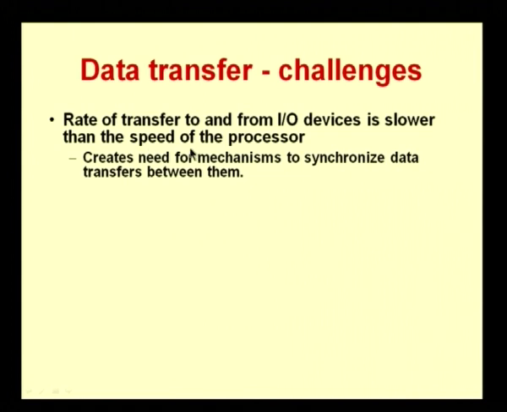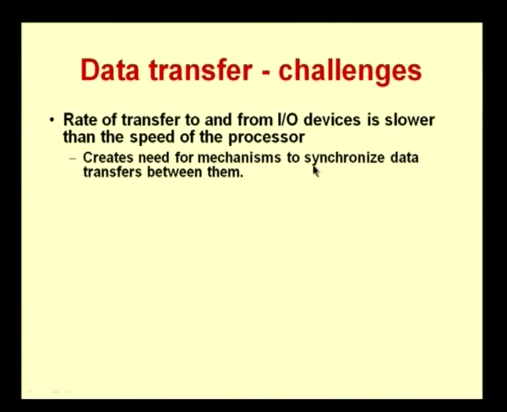One of the challenges is that the rate of transfer to and from IO devices is slower than the speed of the processor. This is something that we need to keep in mind. This means we need to have mechanisms to synchronize data transfers between them.